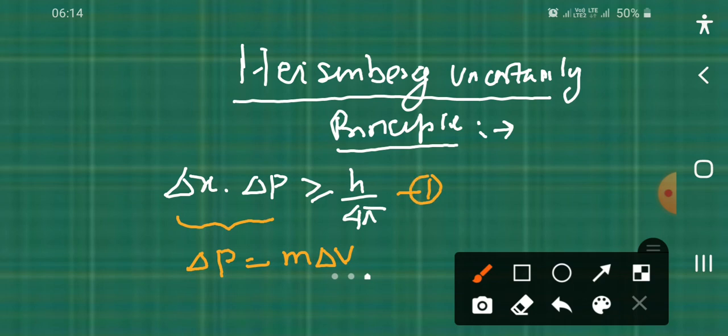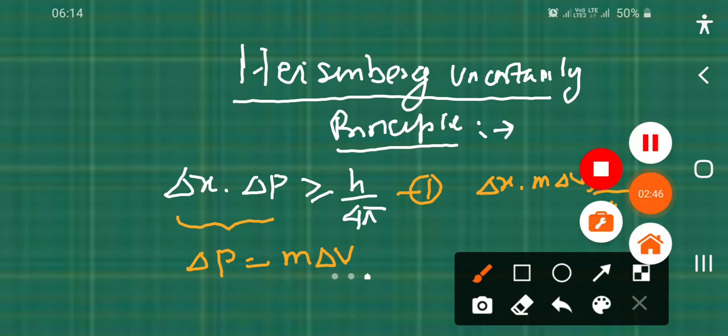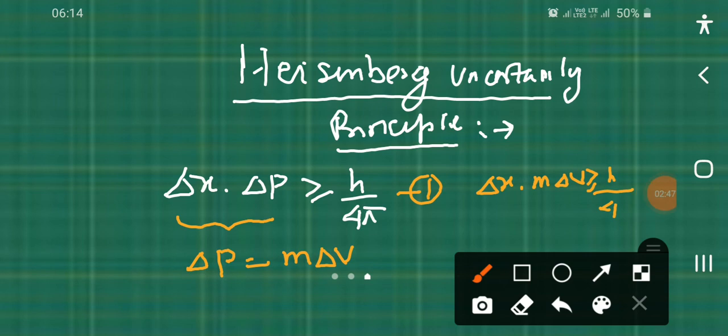what we need to do is put the value of del p in equation number 1, and now we have del x, m del v greater than or equal to h by 4 pi.